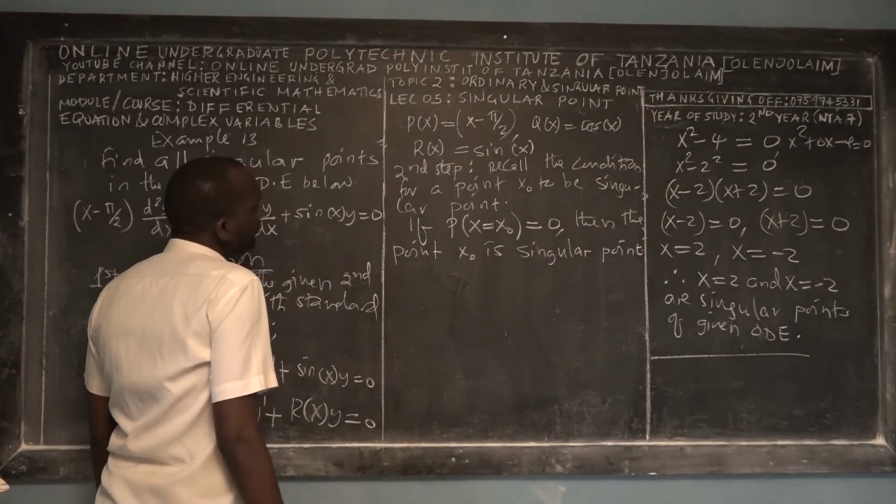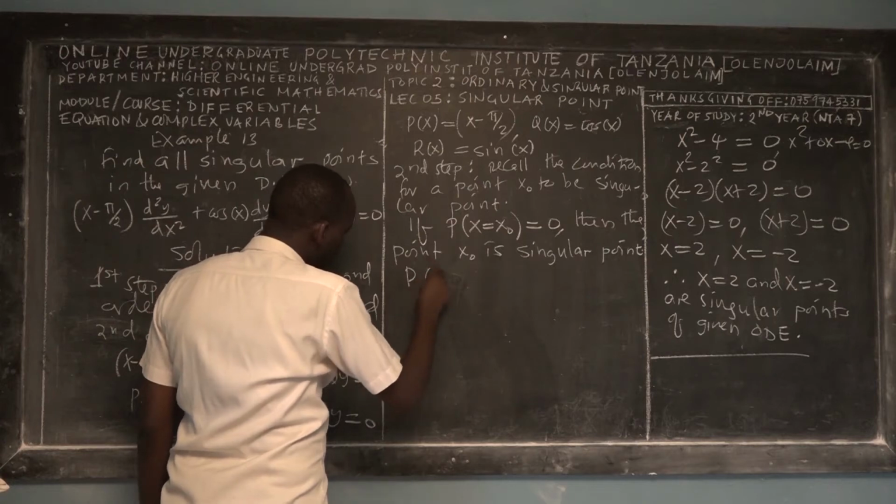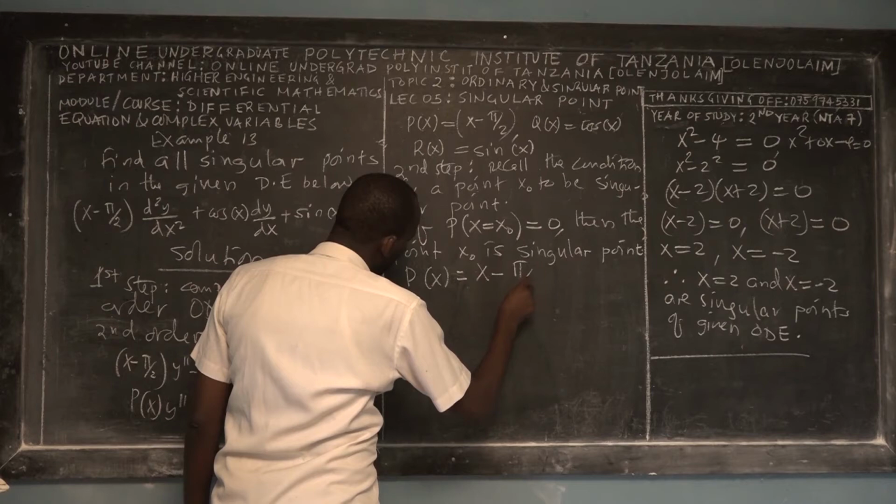So what is p of x? According to what is given, p of x is x minus pi over 2.